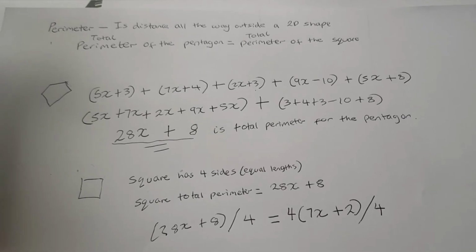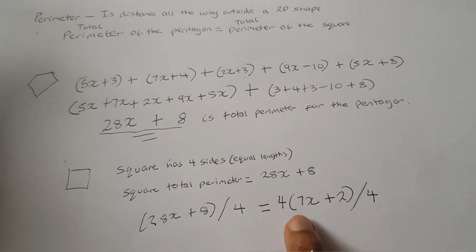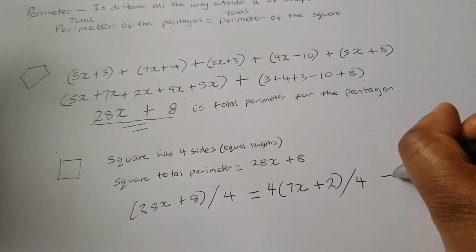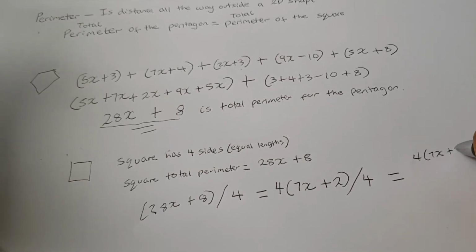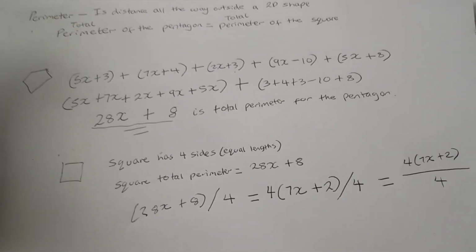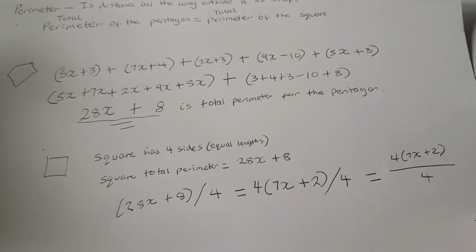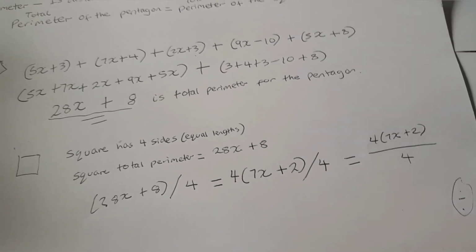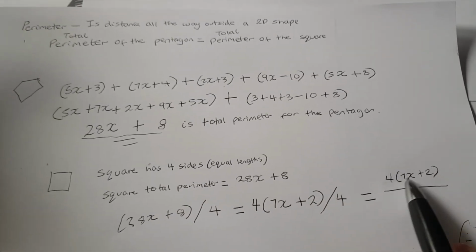Now that this is factorized, we can simplify it further. Another way you can write this is with the actual division symbol as well. It's the same thing. Now I've factorized the top.